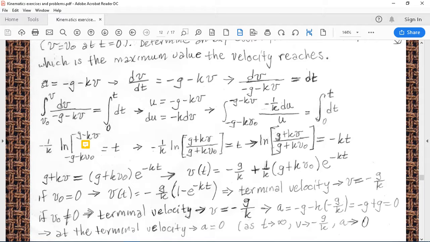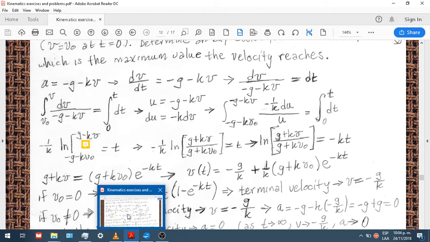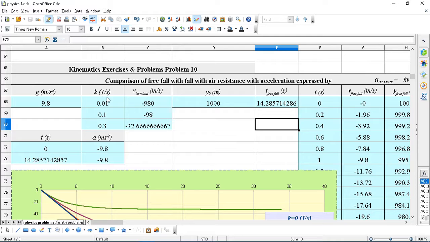Now, if the acceleration is given in meters per second squared, I have meters per second here, that means that the units for k are 1/seconds.